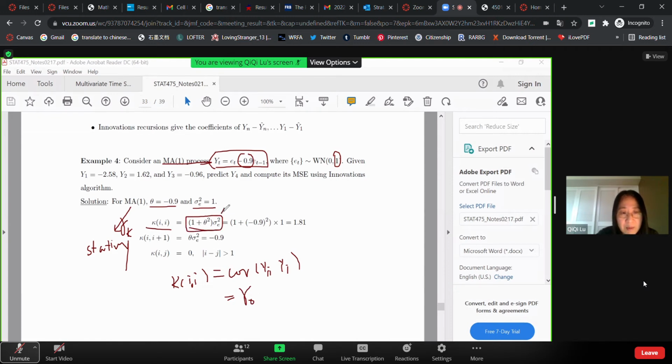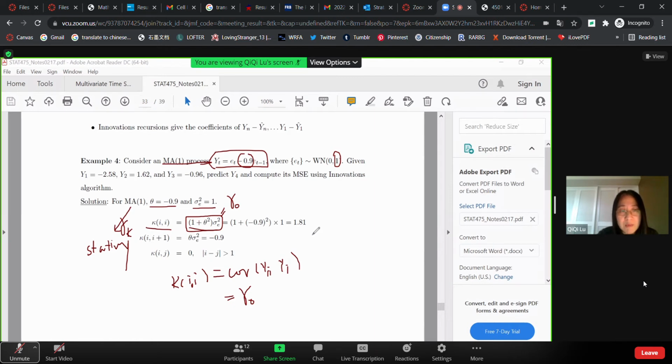We plug in theta negative 0.9, square it, plus 1, and sigma e squared is 1, so we get 1.81. That's gamma 0 for this MA(1).